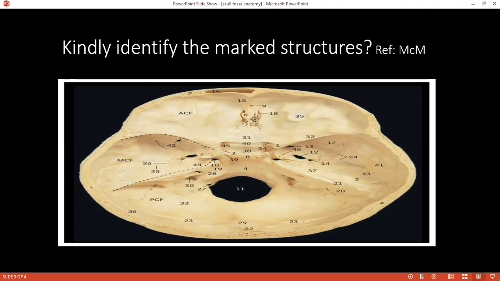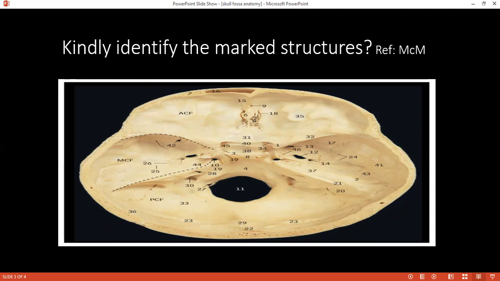Can you tell me where you would find the impression of the middle meningeal artery? Can you see it on this set of bones, the anterior, middle, or posterior cranial fossa, which you have in front of you? The impression of the middle meningeal artery. I cannot see it. Okay, no, it's not here.